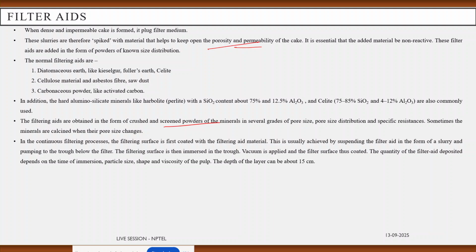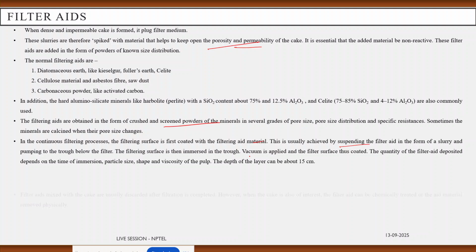In the continuous filtration process, the filtering surface is first coated with filter aid material, usually achieved by suspending the filter aid in the form of slurry and then pumping it to the trough. The filtering surface is then immersed into the trough.